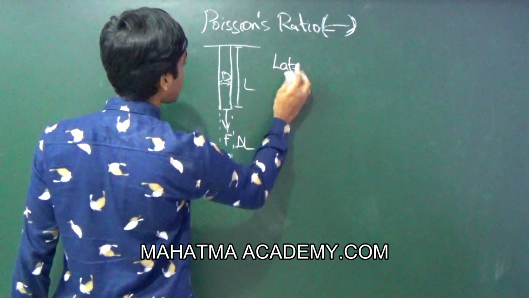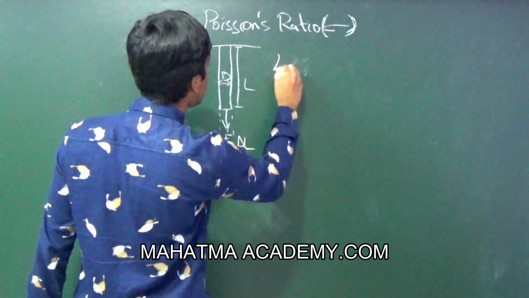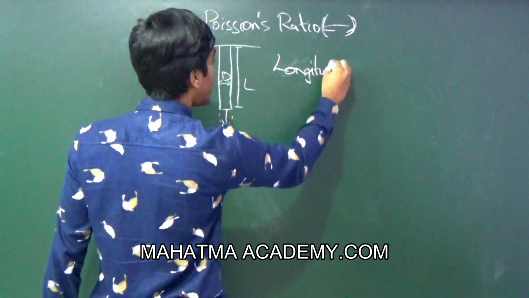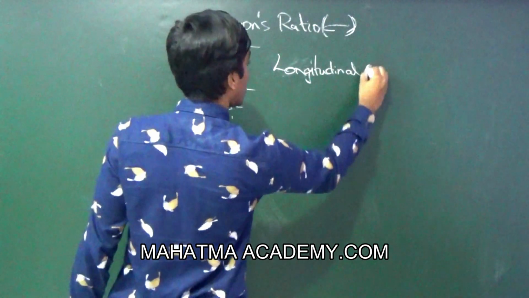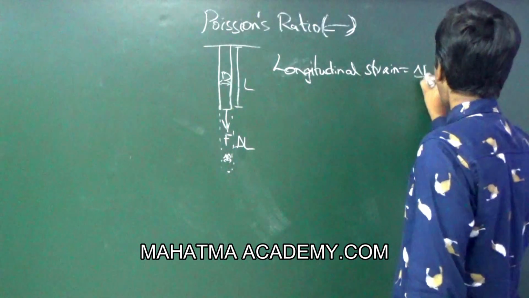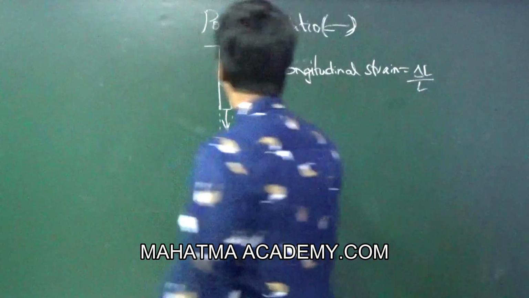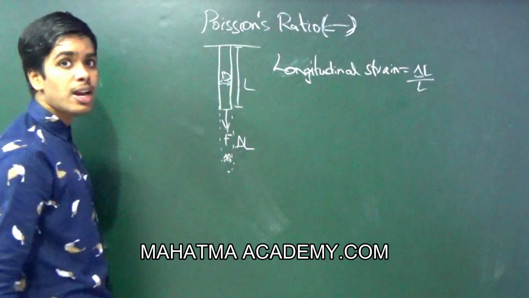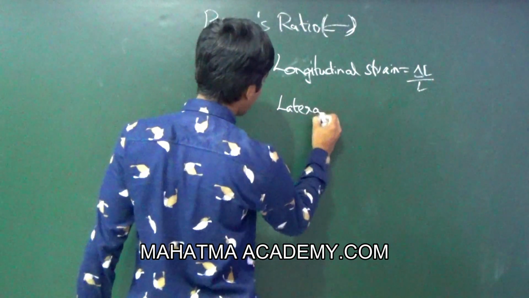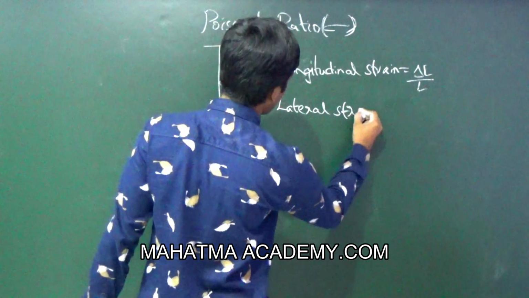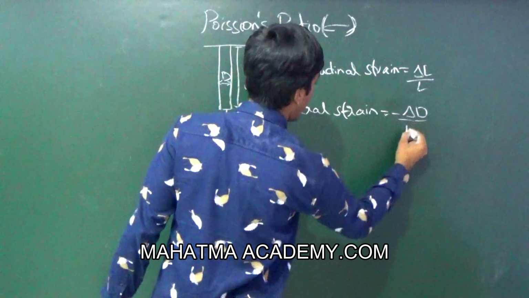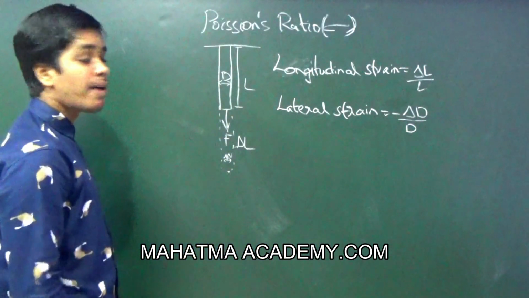Lateral, this longitudinal strain. Longitudinal strain, that means delta L upon L, because the length is increasing in the longitudinal axis. Now lateral strain, it is minus delta D upon D. Now Poisson's ratio.